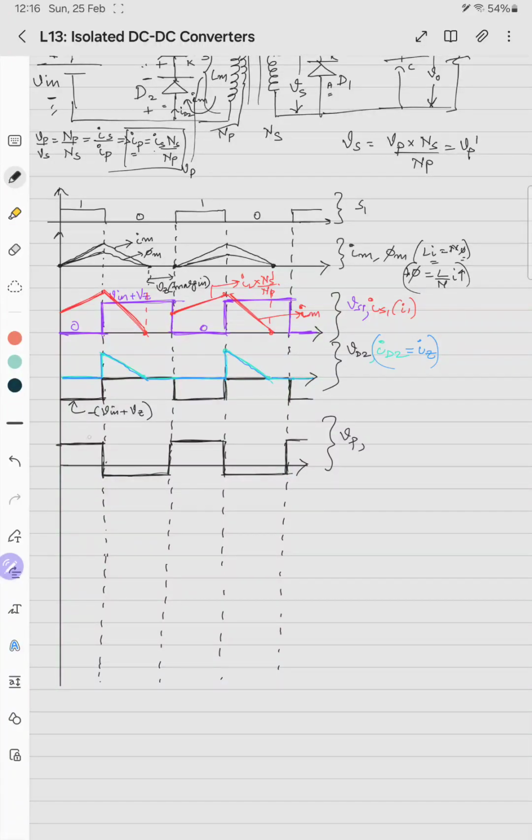This is V in, and this is minus VZ. This is VP.